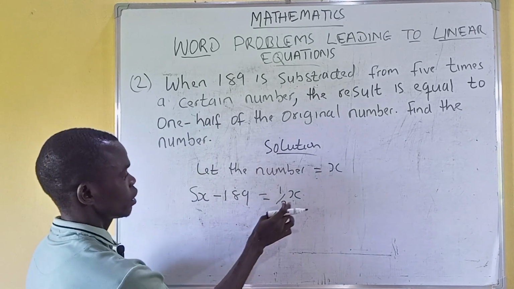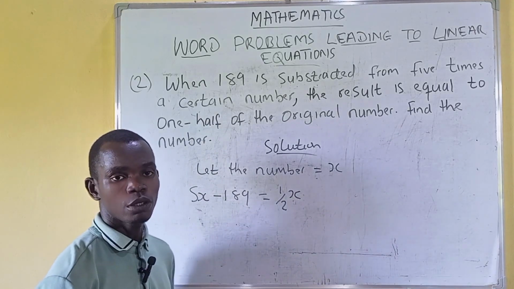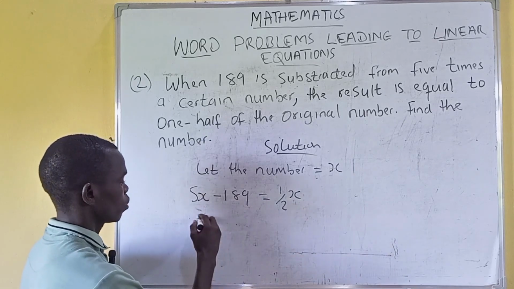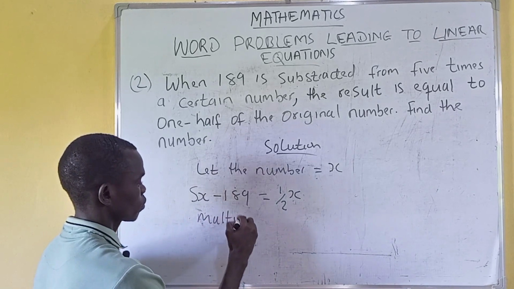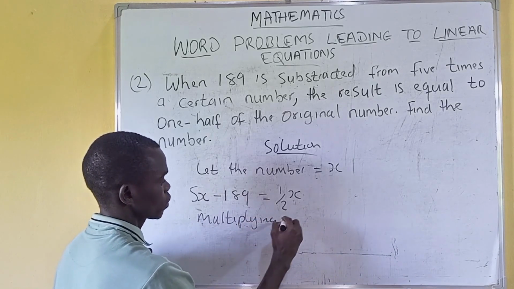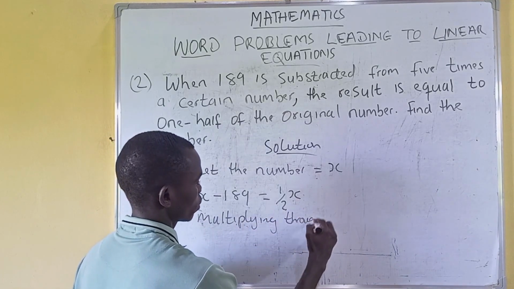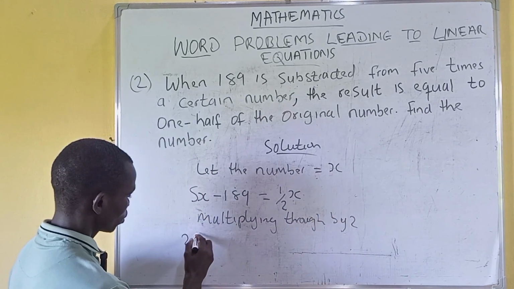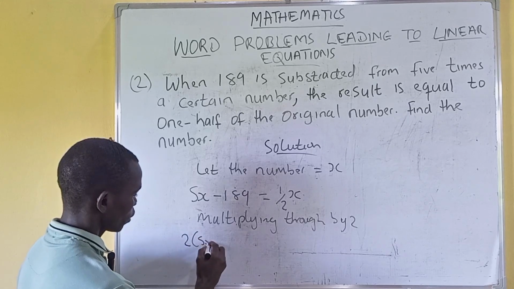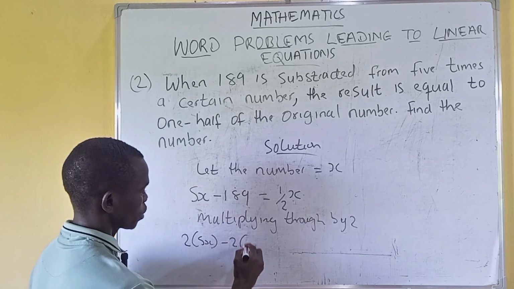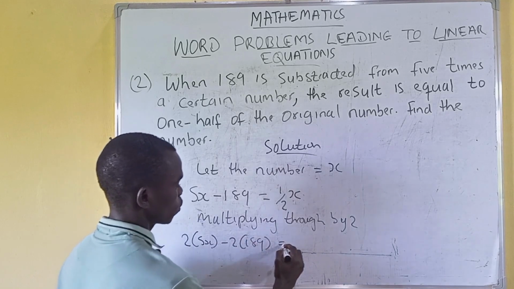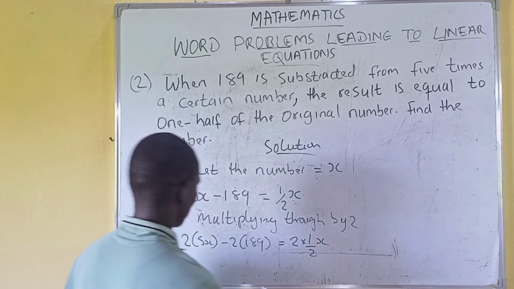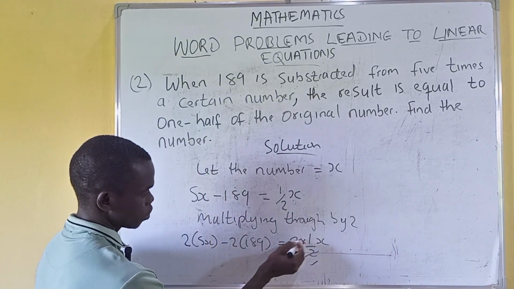From here, we find the certain number, which is S. So we can multiply through by 2. Multiplying through by 2, this will be 2 times 5S minus 2 times 189 is equal to 2 times 1/2 S. Here we have 1, 2 here we have 1.